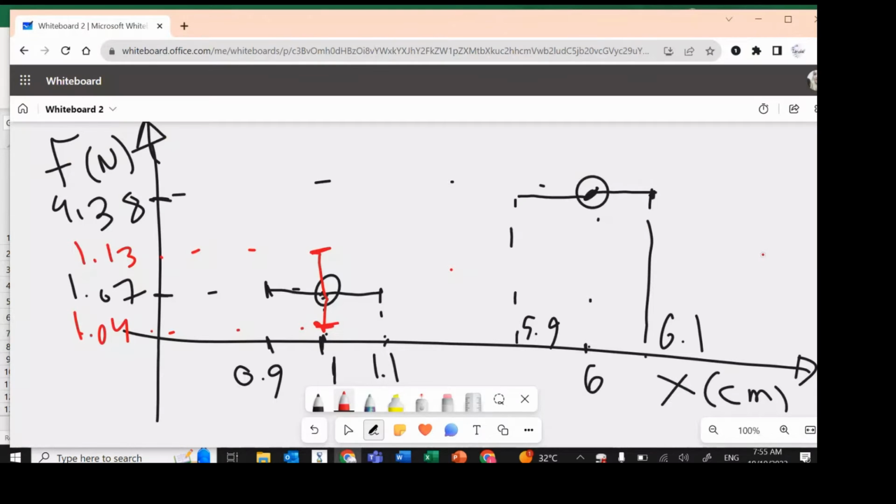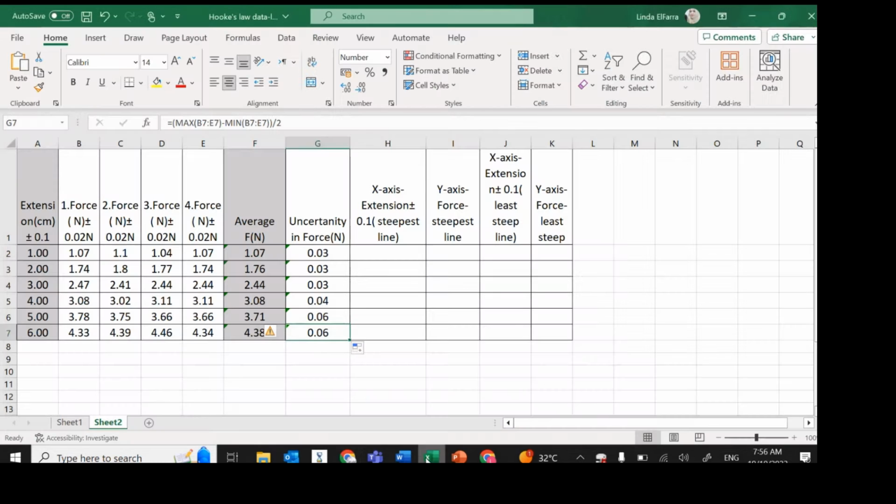So if I go down 0.06, the original value is 4.38, subtract 0.06, so 4.38 minus 0.06.